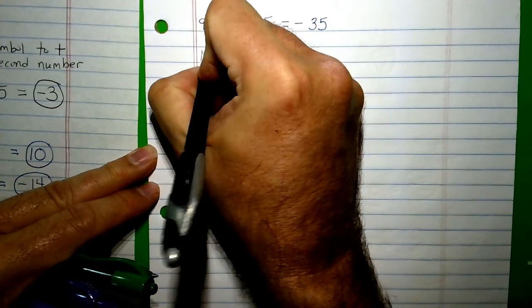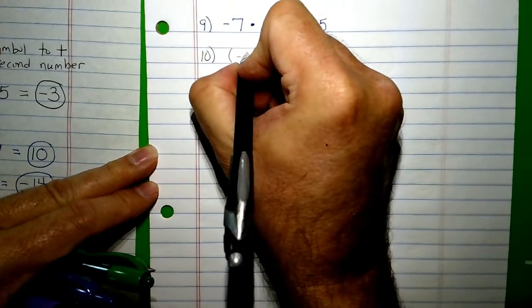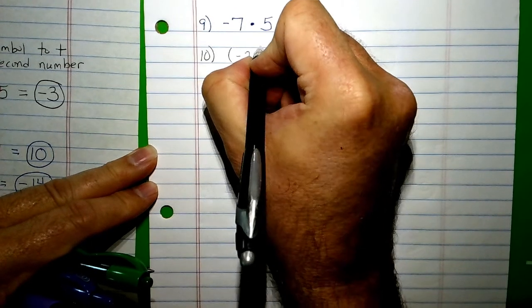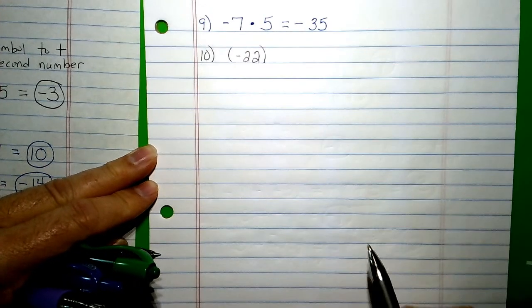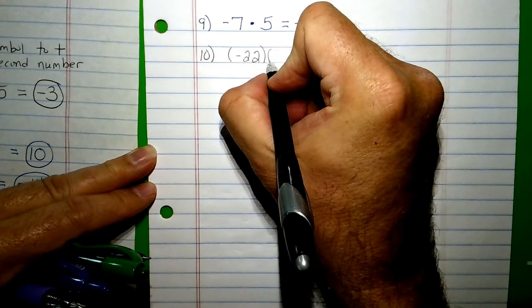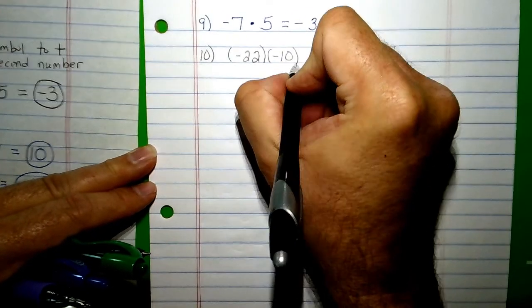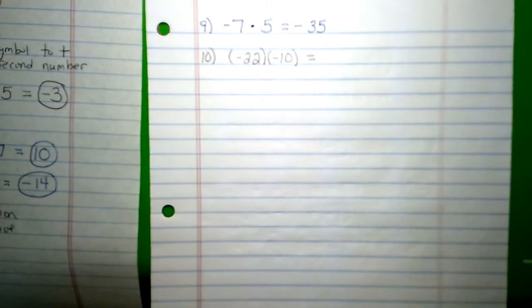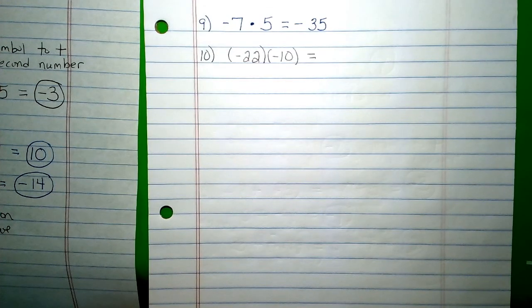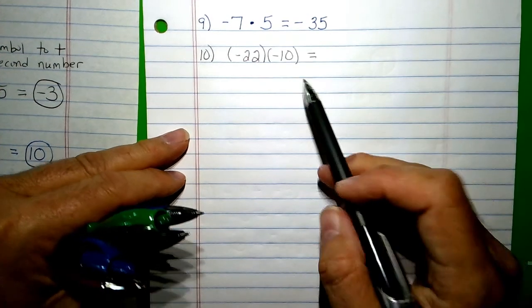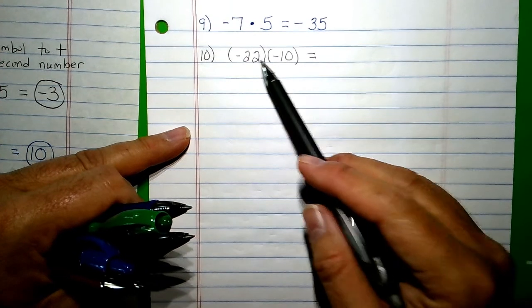Let's do one with some bigger numbers. And sometimes this is how you'll see multiplication written with parentheses. Negative 22 times a negative 10. Here, these two sets of parentheses mean multiplication. Well, if you have a calculator, you might want to punch in all of this.